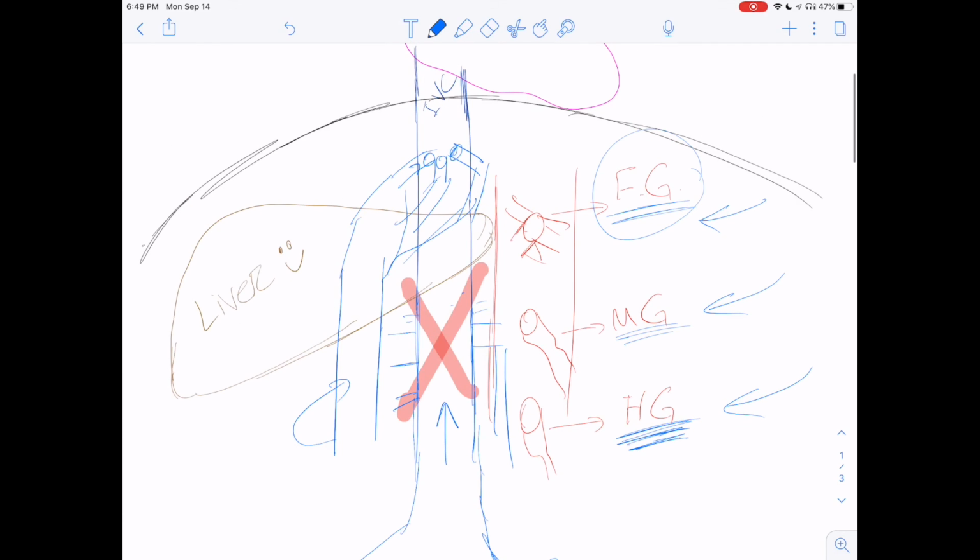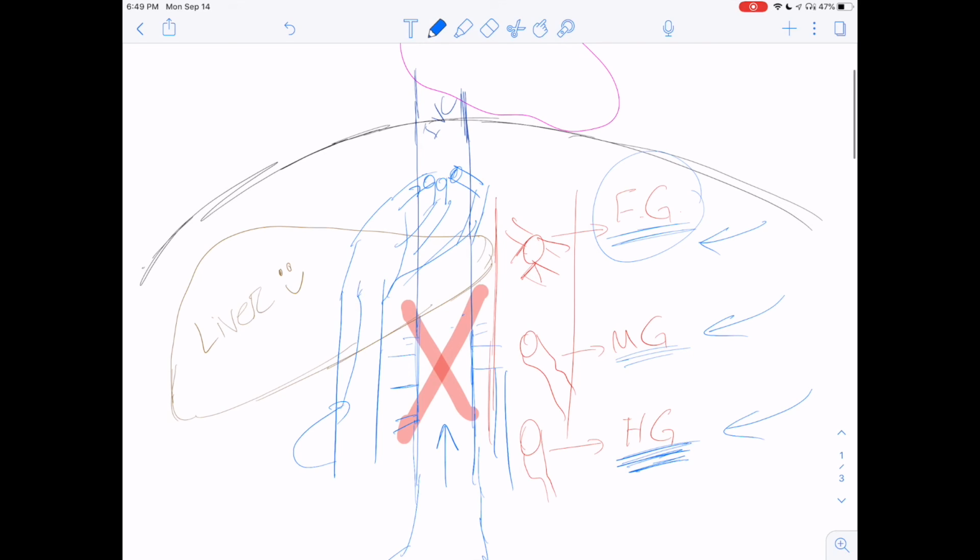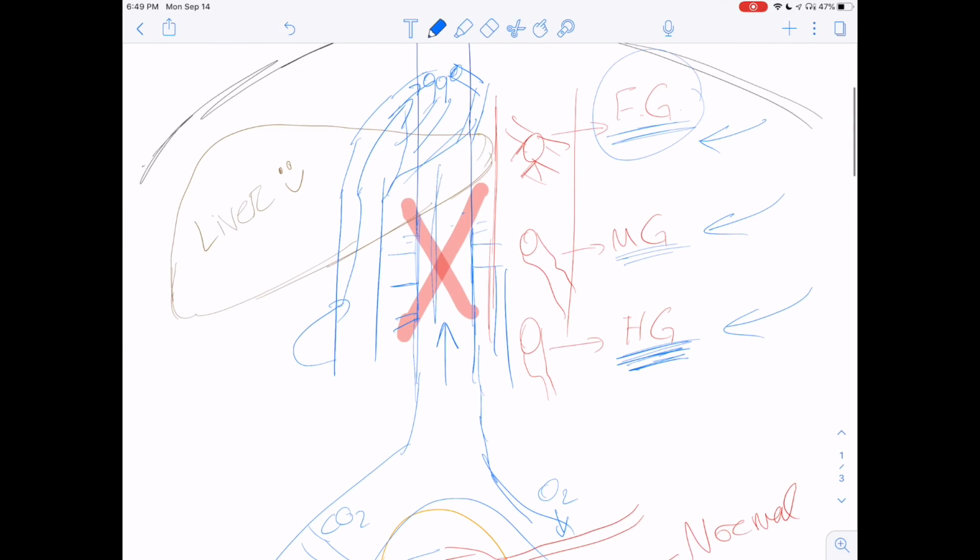Some goes to the liver first and then to the inferior vena cava. Whatever goes to the inferior vena cava, not through the portal vein, is called the caval system. And whatever goes to the portal vein, ultimately, maybe not directly, is part of the portal system, right? Does that make sense?